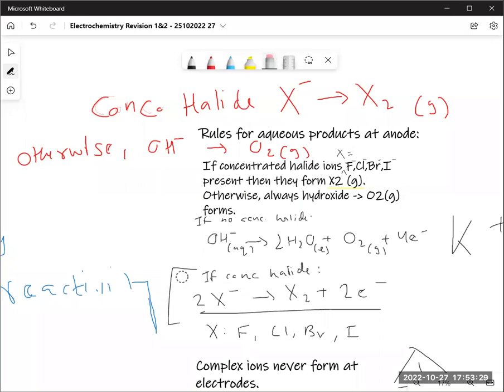By the way, if you haven't written these equations, please write them. Have you written these? Lula, check. Yes, sir, they're written. So I did tell you what X was, right? So this is the equation. If you have concentrated halide, you get X2.